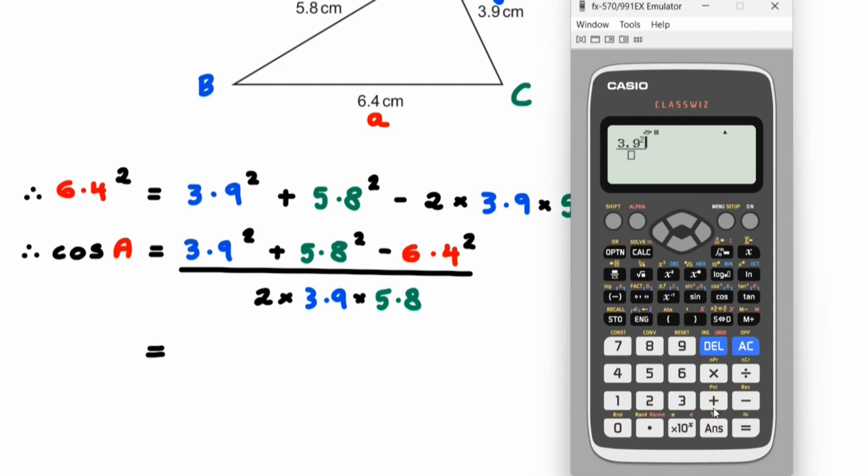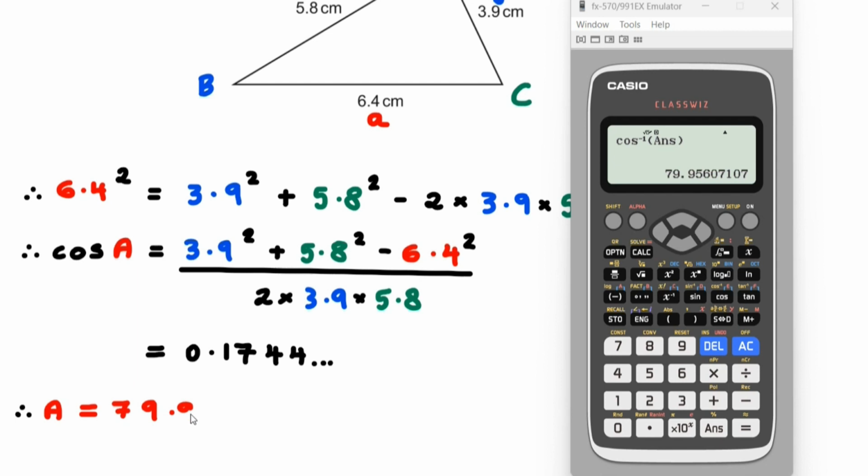So let's work out what this is equal to. So I've got 3.9 squared plus 5.8 squared, subtract 6.4 squared, divided by 2 times 3.9 times 5.8. So we get 0.1744, etc. Which means the angle A is equal to the inverse cosine of this, which is equal to 79.95, etc. degrees.